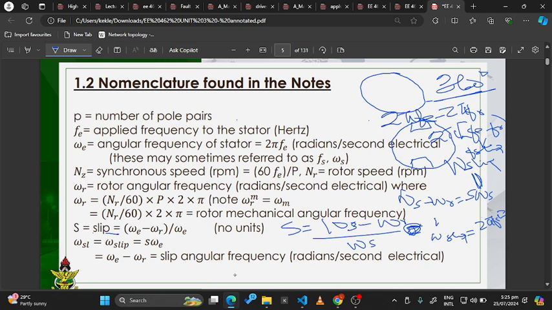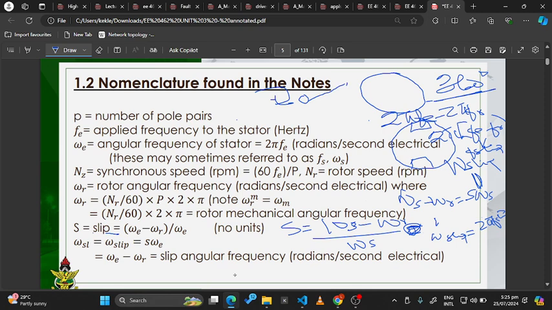So let me go over the slip again. When we are starting the motor, the flux will start rotating, right? Then it will induce EMF in the rotor, current flows, and then a torque is generated. If the torque that is generated is enough to overcome the inertia, the rotor will start moving, starting from zero, and then it will start accelerating.